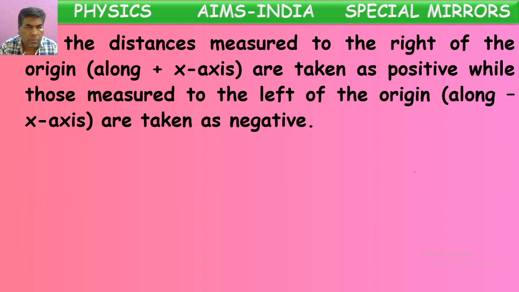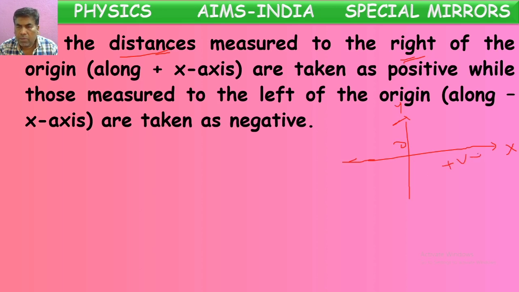Next, all distances measured to the right of the origin. If this is the x-axis, and this is the origin, and this is the y-axis, right of the origin is positive, like in a coordinate axis.